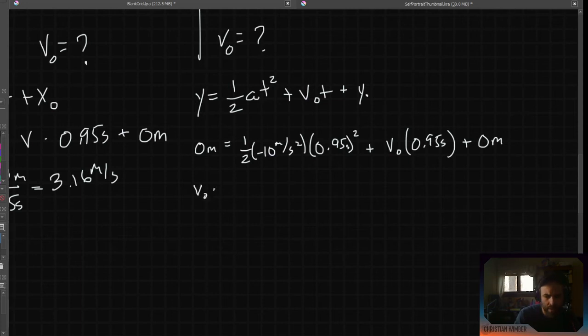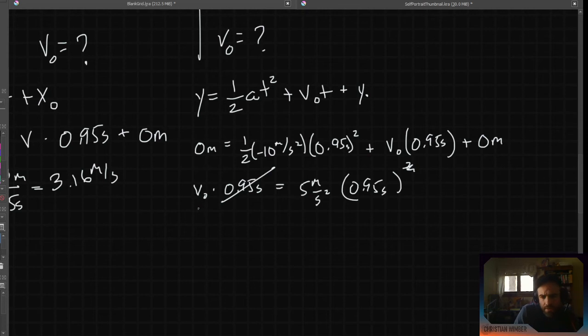So V naught times 0.95 seconds is equal to, I'm also going to multiply the half by the 10, 5 meters per second squared times 0.95 seconds squared. I have 0.95 on both sides, so I'm going to take out one of those, which gets rid of the squared. So I just end up getting that V naught must be 5 times 0.95 seconds.